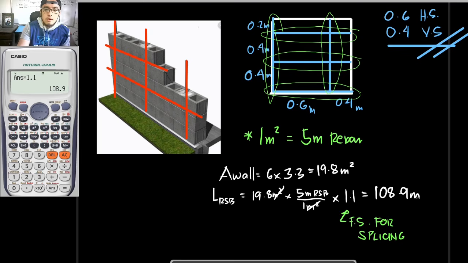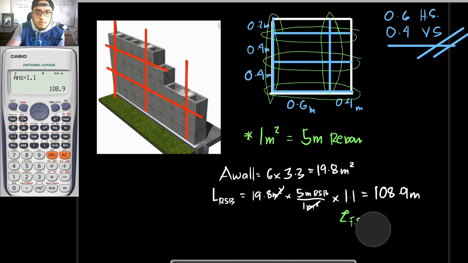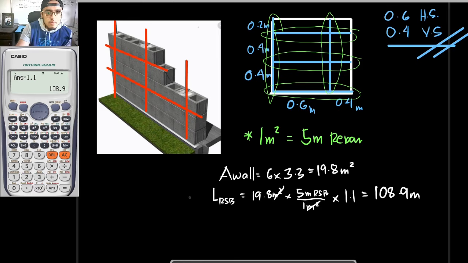meters. Okay, so paano ba yung bilihan natin ng bakal? Per meter ba? Actually, hindi. That would be per piece. So, for us to know the number of reinforcing steel bars that we would be needing for our project, so NRSB, we would be multiplying this by our factor, so 108.9 meters.